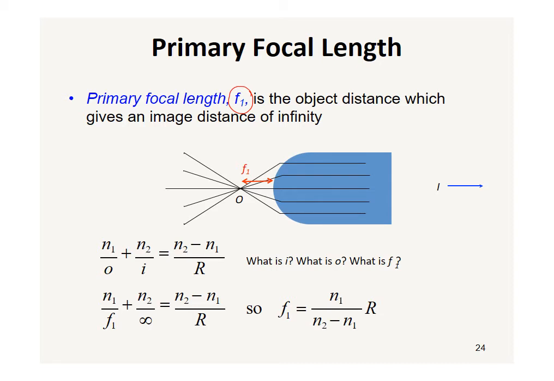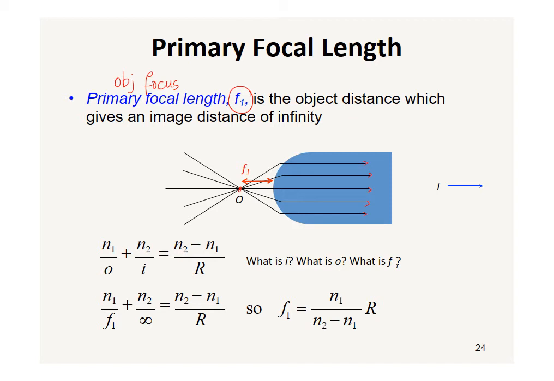So the first one, the primary focal length, sometimes called the object focus, it's got several different names. I prefer primary focal length, it's less ambiguous, is the answer to the question: where do I place my object so that my spherical surface makes all the rays come out parallel?